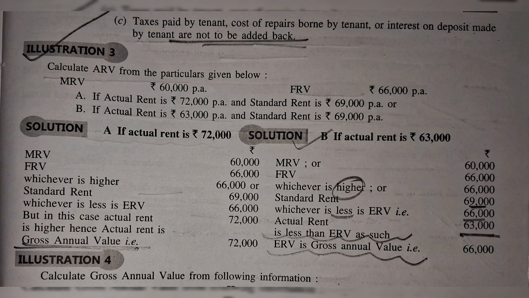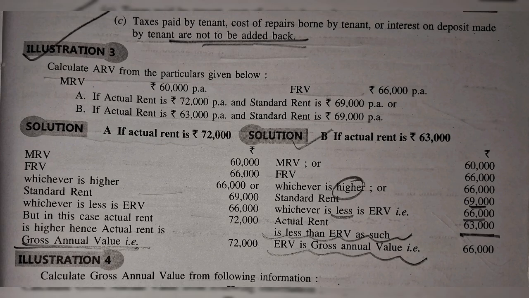Our expected rental value is 66,000, but the rent we received is 63,000, which is less. So for our gross annual value, we will select the amount which is higher.